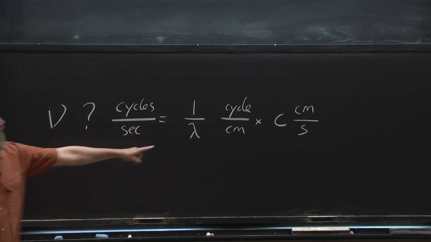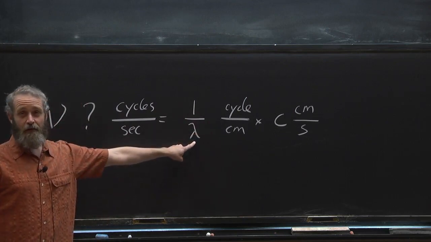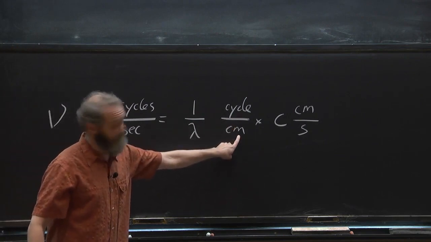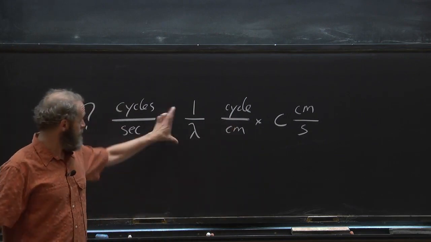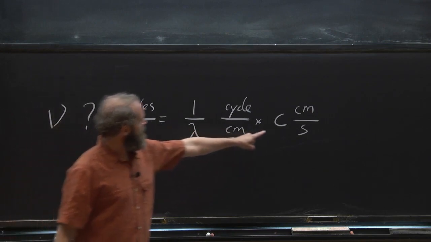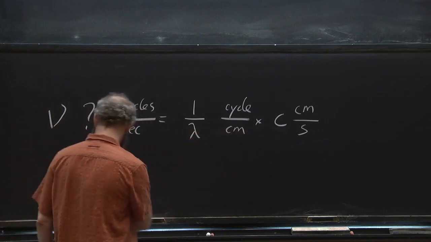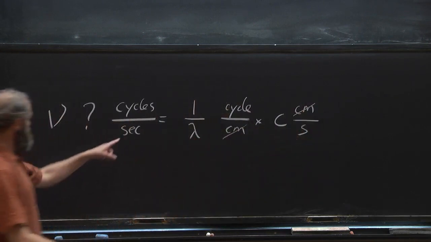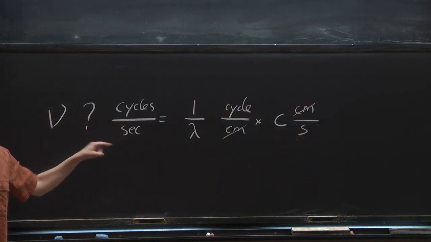So I'm going to put the wavelength upside down, 1/lambda. And so that gives us units here of cycles per centimeter, the inverse of lambda there. And then the speed of light, c, can be used to cancel the centimeters and get us the cycles per second that we're looking for.